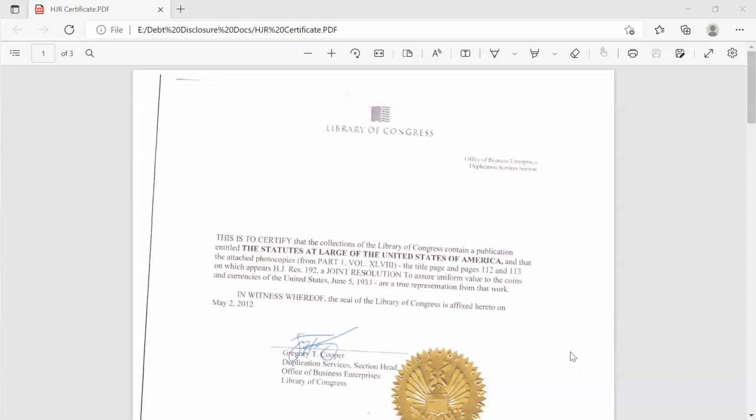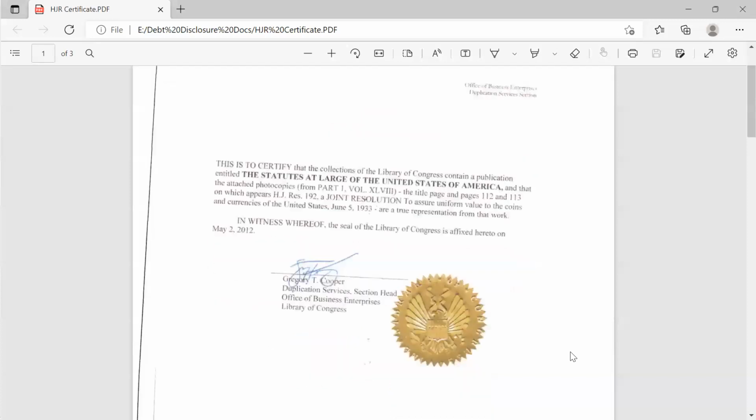And it reads: this is to certify that the collections of the Library of Congress contain a publication entitled The Statutes at Large of the United States of America, and that the attached copies of part 1, volume 48, title page and pages 112 and 113, HJ Resolution 192, Joint Resolution to assure uniform value to the coins and currency of the United States, June 5th, 1933, are a true representation from that work, okay?